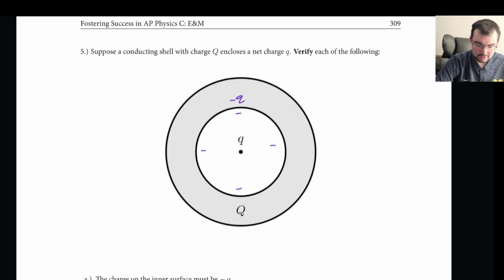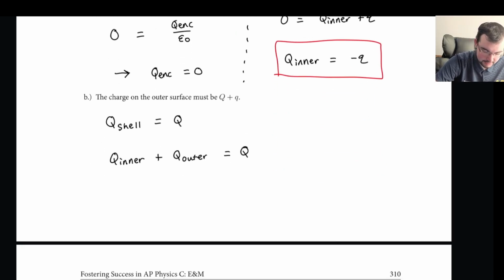It could live on the inner surface or the outer surface, because that is the only way to ensure zero E field. Because if there wasn't, charges would be moving inside the conductor. And if they're moving inside the conductor, they have to be moving towards somewhere, so we're not a conductor in equilibrium in that case. So again, E being 0 in a conductor forces these charges to be on the surfaces.